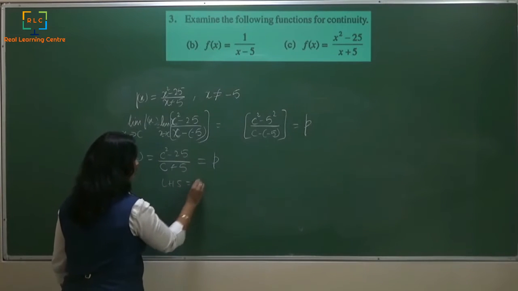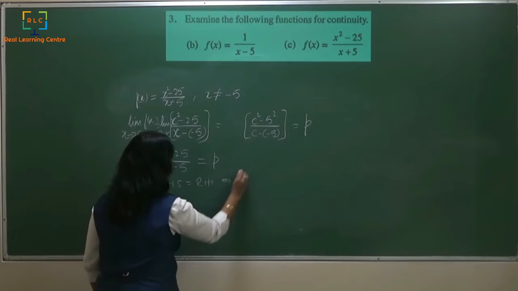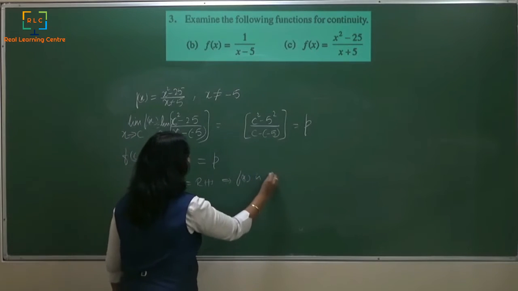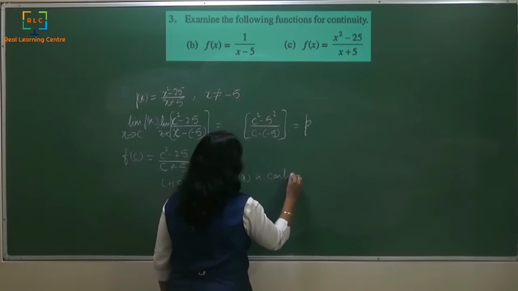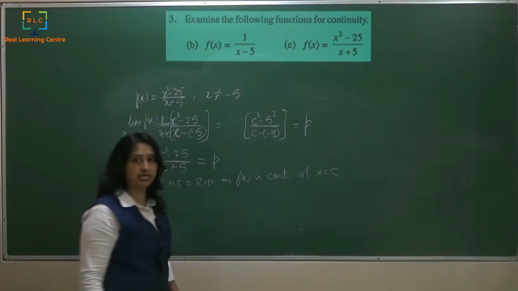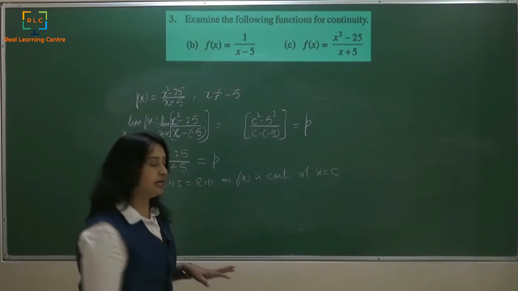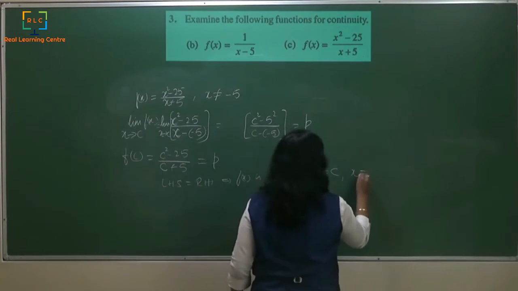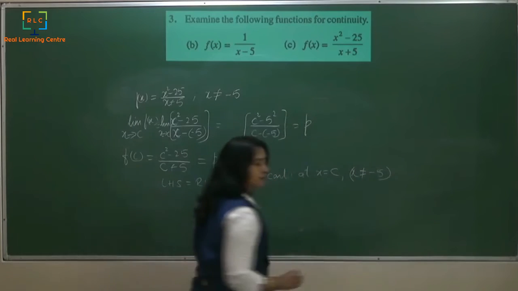So LHS is equal to RHS. This implies f of x is continuous at x equal to c, some number c other than minus 5, and so let me mention x is not equal to minus 5.